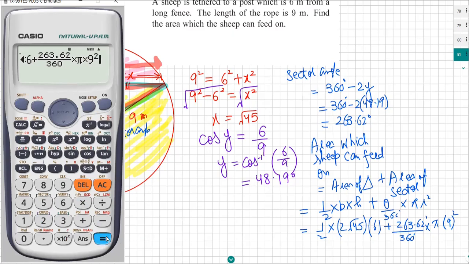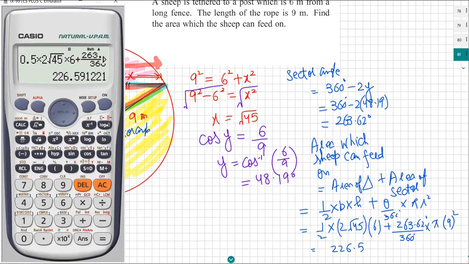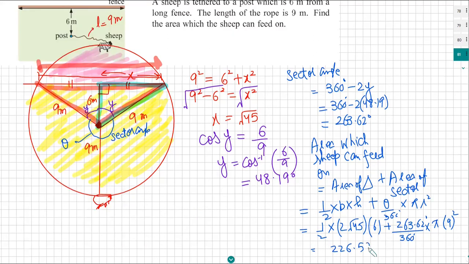Got it? So my answer is 226.59, in obviously meter square. So this is actually the required area.